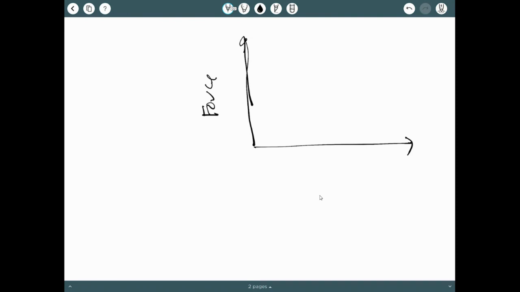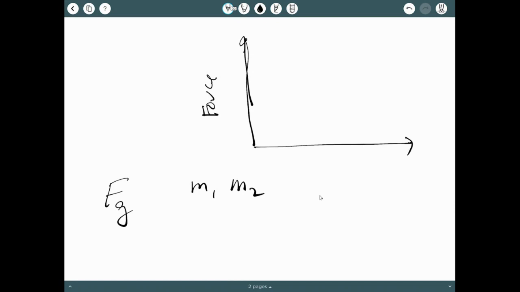We have two masses, mass one and mass two, and we're measuring the gravitational force between them, the force of gravity between them, and we're taking some data points.